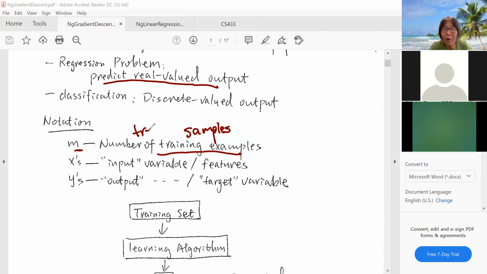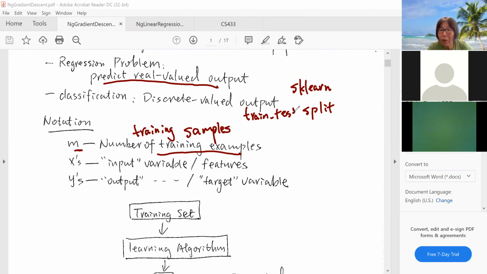And here it is regarding training. If you recall in sklearn, we also have train test split, which is regarding your whole sample space: you assign a certain percentage for training and a certain percentage for testing.